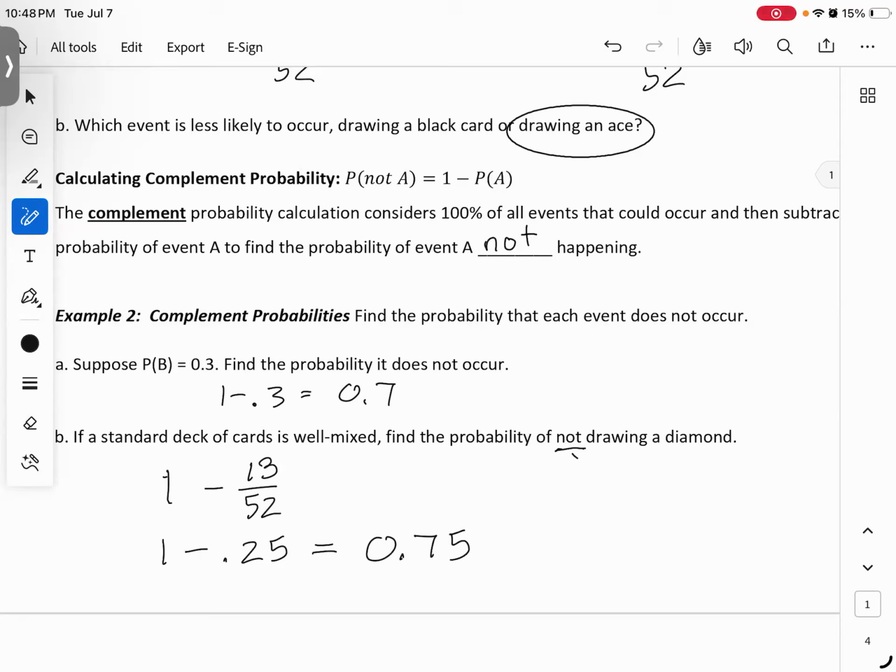In other words, a fourth of the cards are diamonds, three-fourths are not diamonds, but that would be the probability that you don't get a diamond. So just kick out all the diamonds.